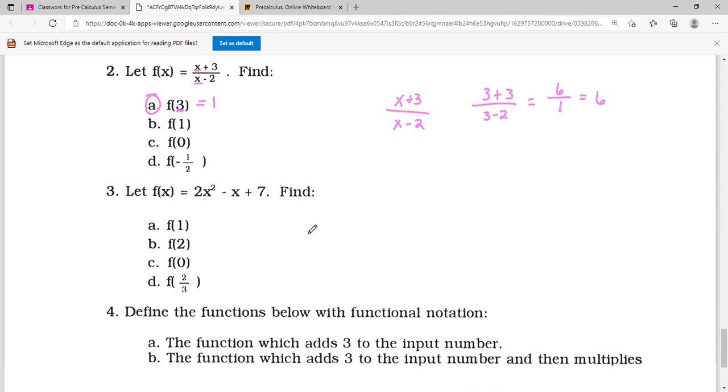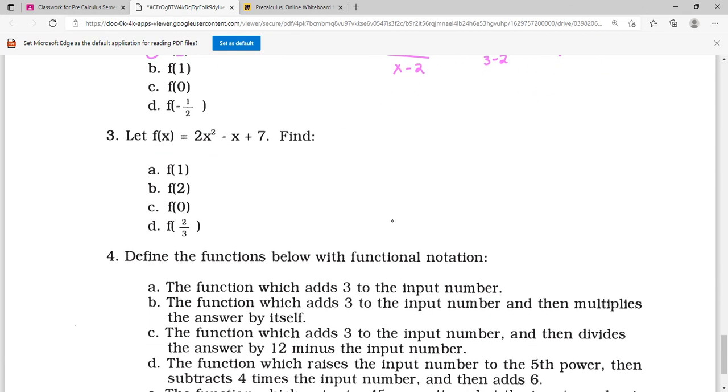All right, this one has a quadratic. So we've got f of x equals 2x squared minus x plus 7. For a, we're supposed to find f of 1. So that means we're going to put our 1 wherever we have an x. Okay, so that means 2 times 1 squared, minus 1, plus 7. 1 squared will be 1.